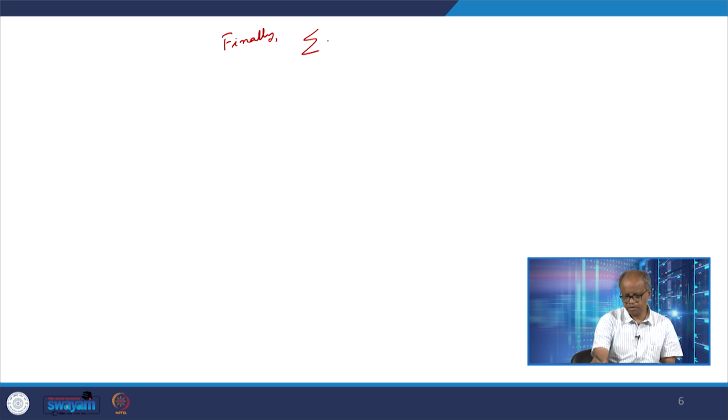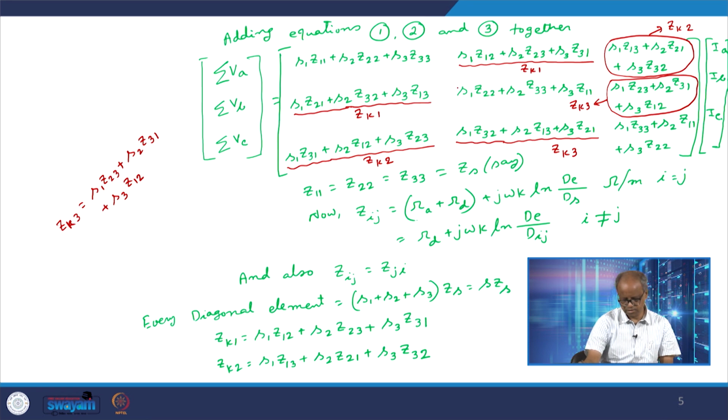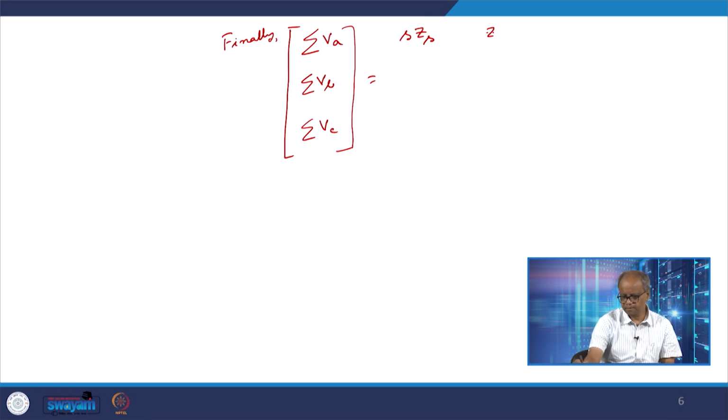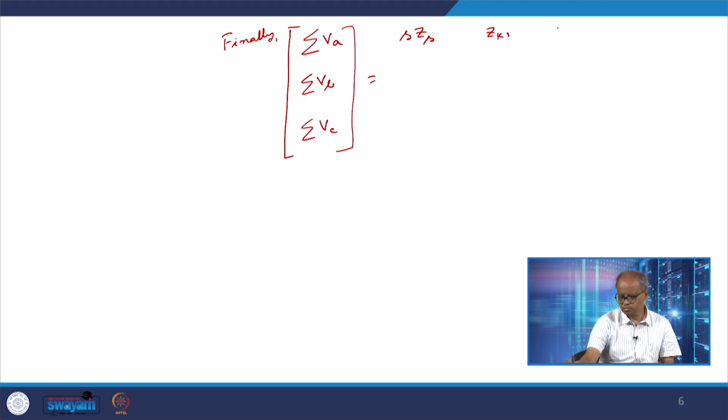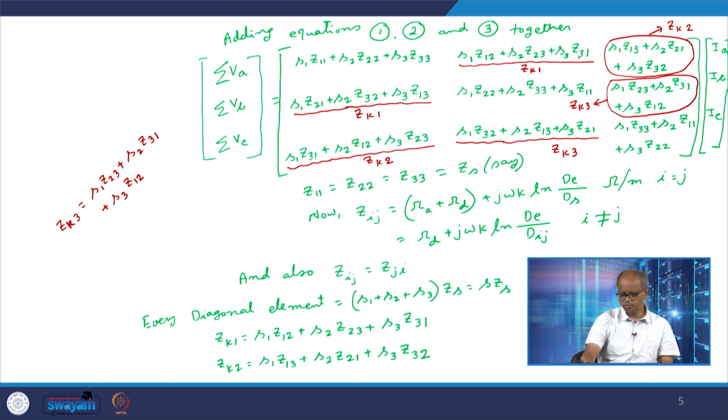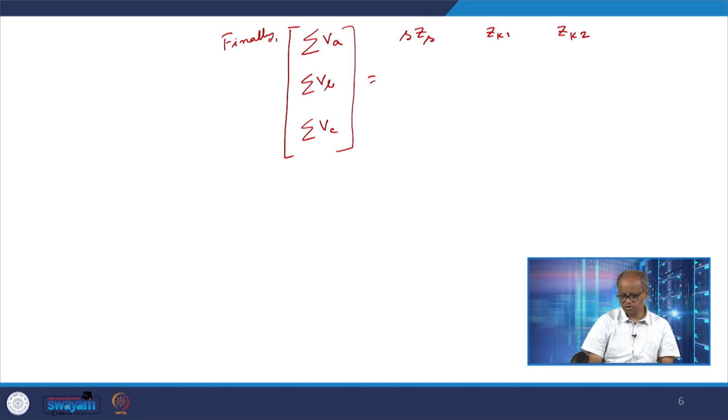So with this, finally my matrix becomes: the diagonal is S into Zs. Then this is Zk1, then this is Zk2, and we also proved that if this is Zk1, this is also Zk1.